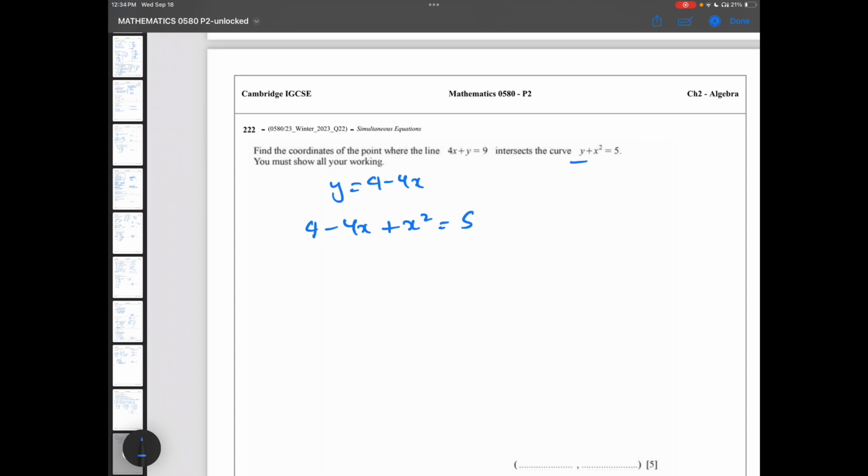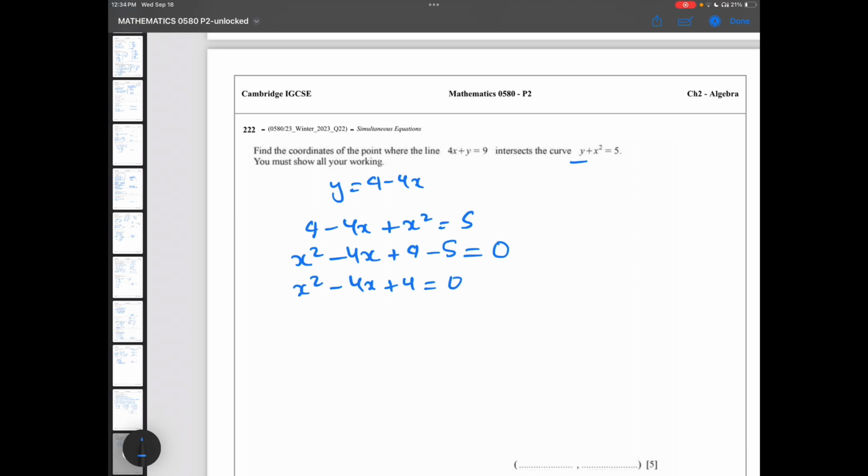So first I will rearrange the left side of the equation. I will write x square minus 4x plus 9. And if I shift 5 to the left side of the equation, it will be subtracted here, equal to 0. So x square minus 4x plus 9 minus 5, that is plus 4, is equal to 0.